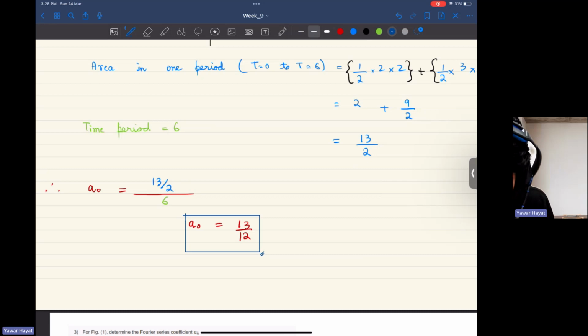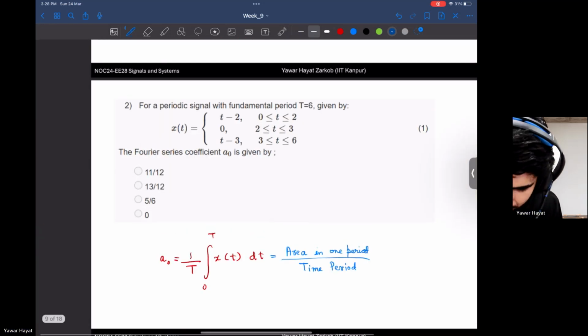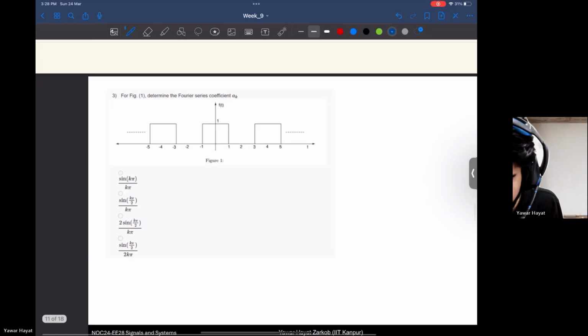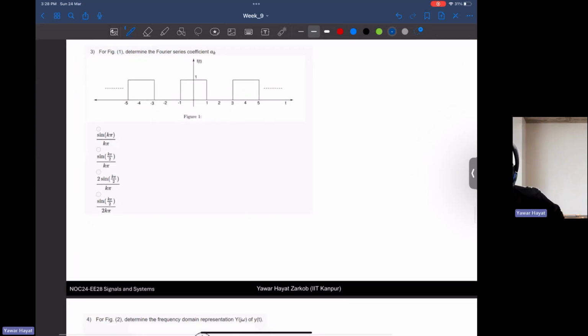Which option is the correct one? This one. Then we move on to the third one. We need to determine the Fourier series coefficient AK, right?